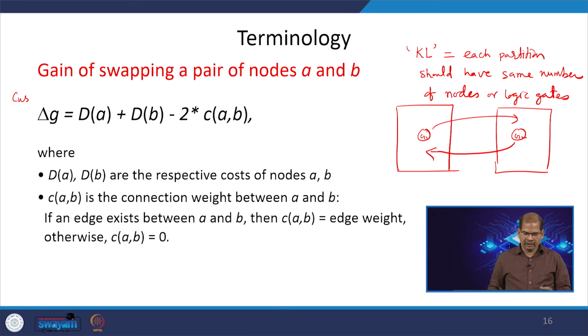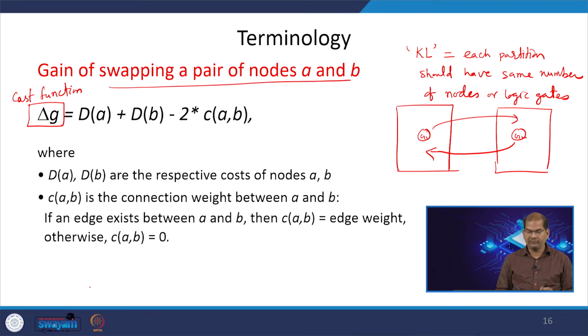So now I have a new cost function, denoted by gain delta G. If I am moving one node to the other and another node to this partition, what is my gain? The gain of swapping a pair of nodes is D of A plus D of B minus 2 times C of A comma B. The D part is clear because I need to add the improvement of moving each node.